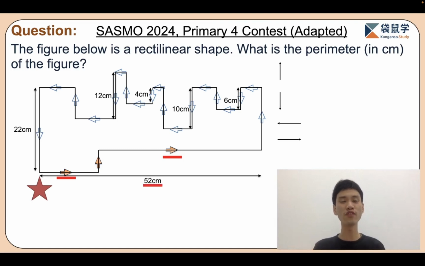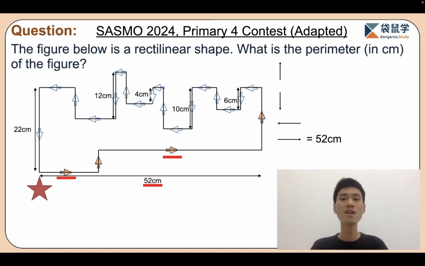It is 52 centimeters. And if you take a closer look, you'll see that in the whole figure, there are only these 2 sides going right direction. And so we know the total length of direction going right in this figure is 52 centimeters. Very good.